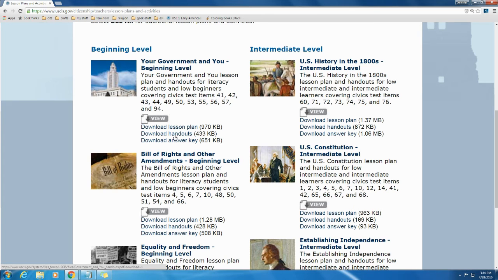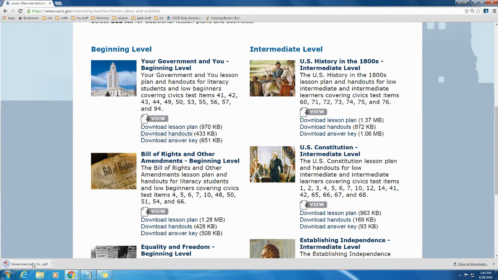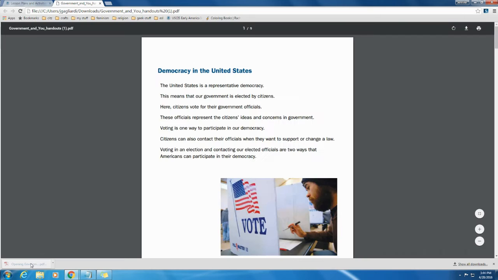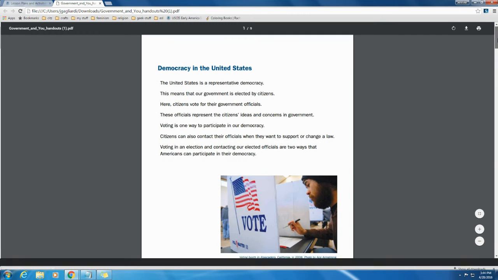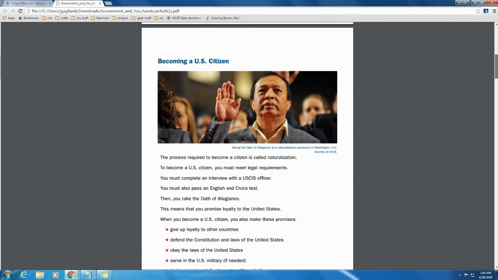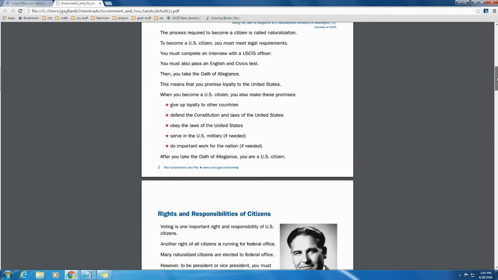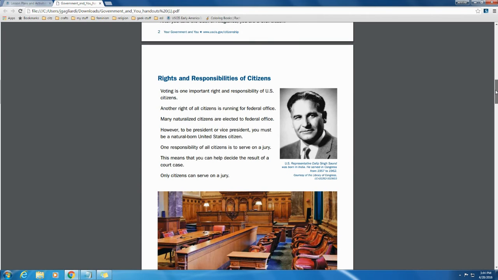Let's take a look at one of these handouts right now. I'm going to take a look at Your Government and You. Of course, you can look at them in any sequence you would like. I open the PDF, and here is a nice, colorful, free lesson about the citizenship exam.